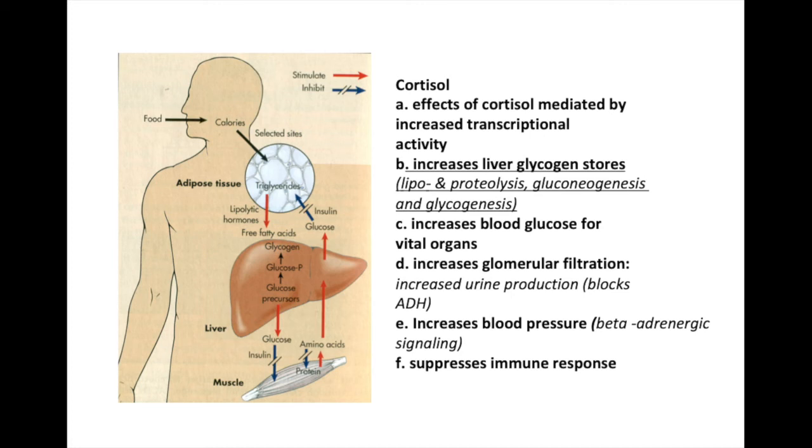It also stimulates the breakdown of fatty acids from triglycerides, and in that fashion raises the amount of utilizable substrate, keeps blood glucose high, and as a result it's known as being diabetogenic.